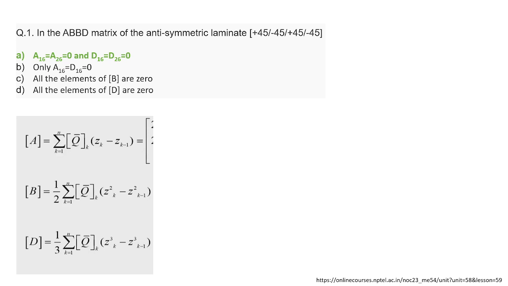So there will be a plus and minus at certain height from the middle point, but only those two layers will have the same thickness and same position, and all other layers we are not considering in an antisymmetric laminate. And it is same as a balanced laminate.